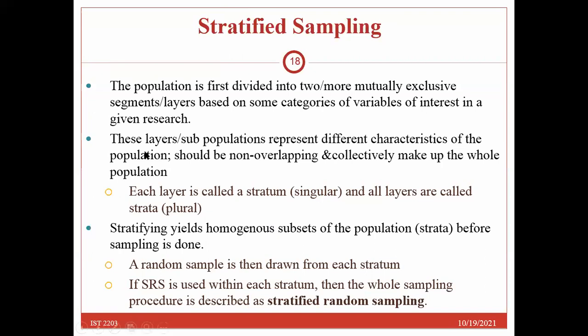If simple random sampling is used within each stratum, then the whole sampling procedure will be called stratified random sampling. It is stratified because you first divided the population, and it is random because within the stratum you used random sampling.